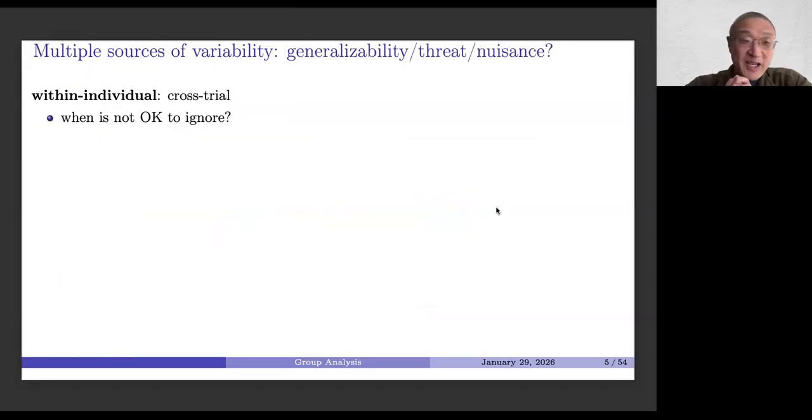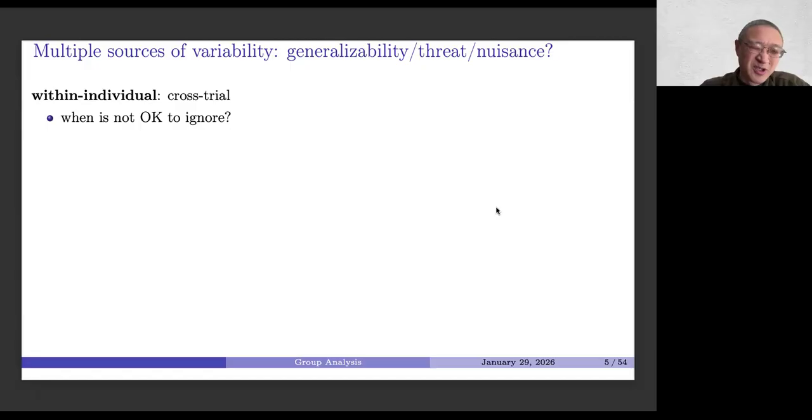Now let's talk about the different sources of variability in FMRI, right? One big source is cross-trial variability. For each task, we usually design the experiment with many representations. For example, for happy faces, we would probably use 20 or 30, depending on the experiment design. Currently, we create a regressor assuming all the trials have exactly the same magnitude.